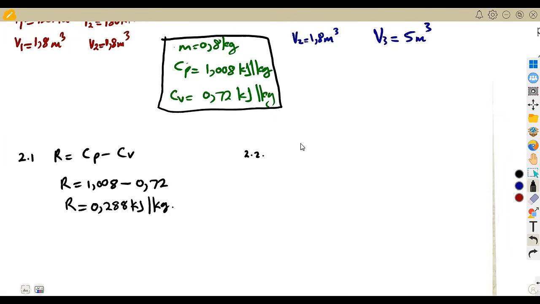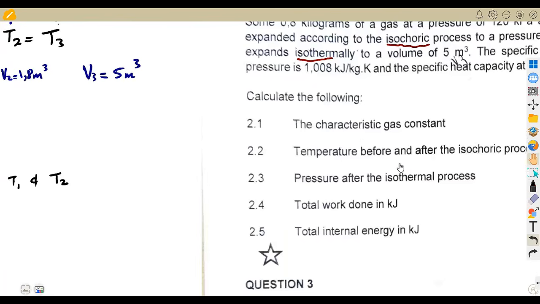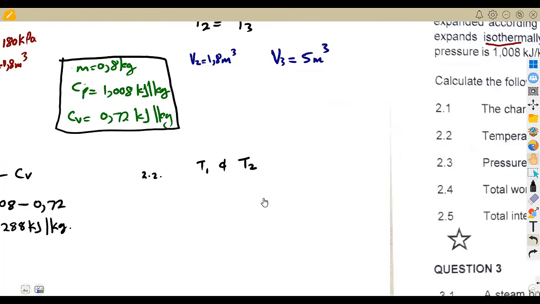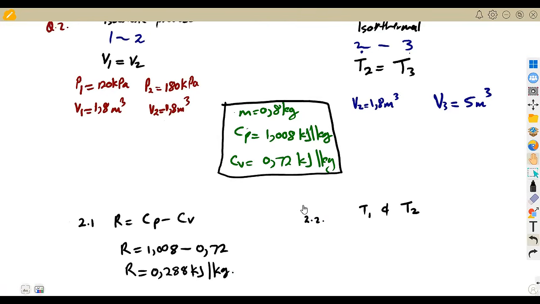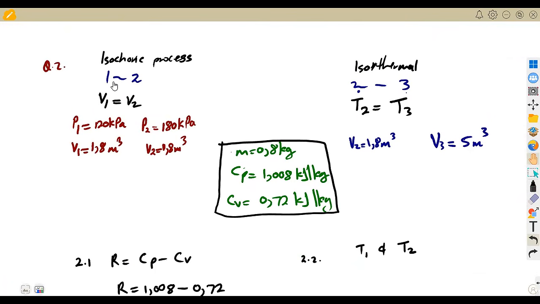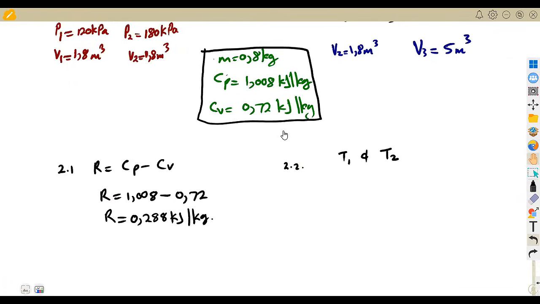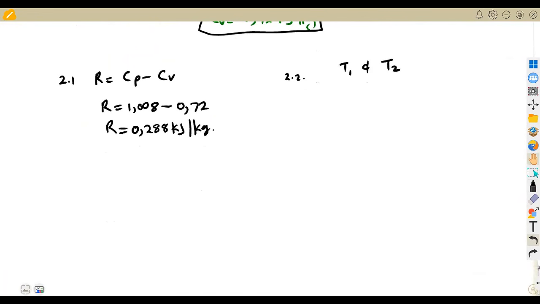So that's 2.2. You're going to need T1 and we're also going to need T2. Remember, these are the two temperatures that we need: temperature before and after the isochoric process. And remember, our isochoric process is between stage 1 and stage 2. So from the formulas that we saw, we had a formula P1 V1 over T1 equal to P2 V2 over T2.